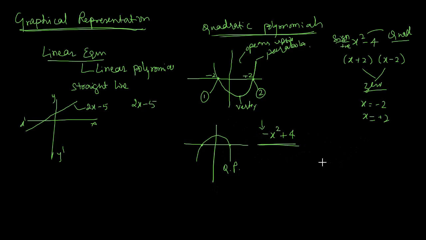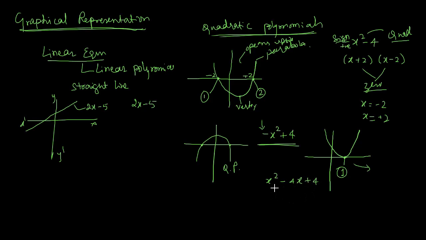So similarly, there are other graphs. Let's take one more graph. There is only one point which is touching the x-axis. So here the example is x square minus 4x plus 4.